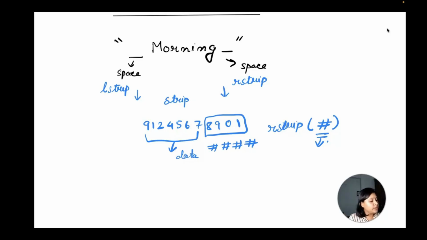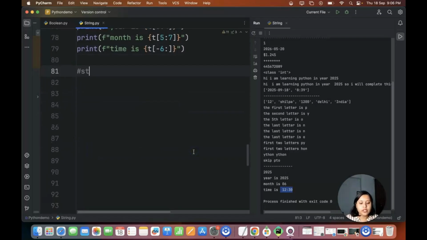So let's go into the practical and see how exactly this works. We will start with the strip. In the strip, let's say I have my text equal to morning, okay, and I want to print the text without the space that is there on my left side.